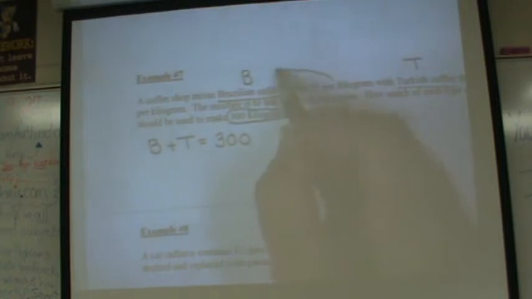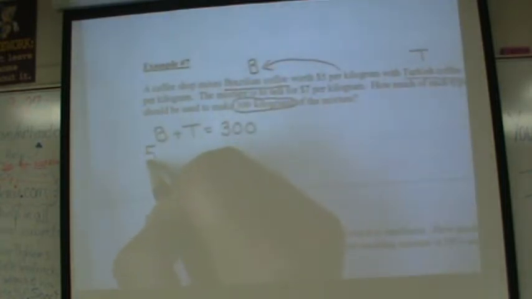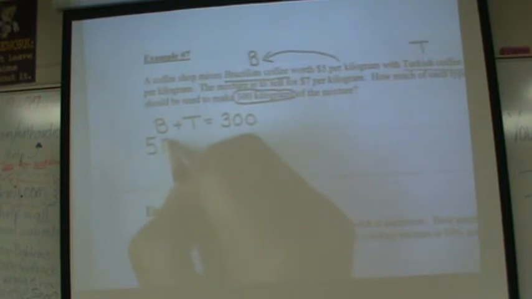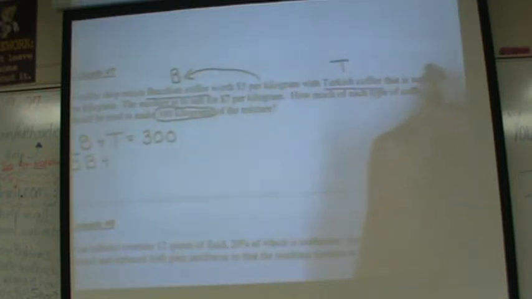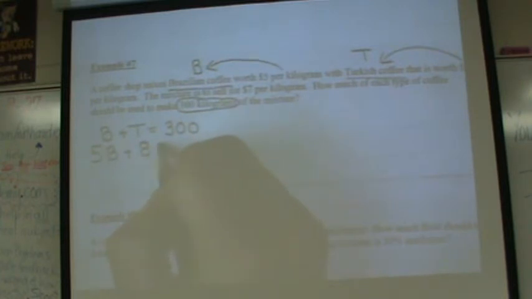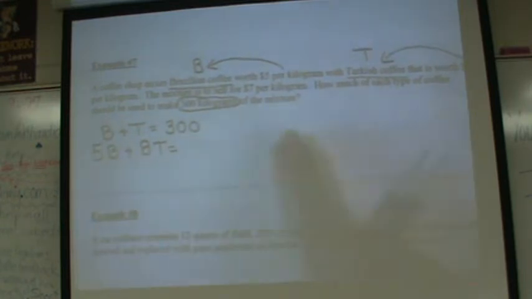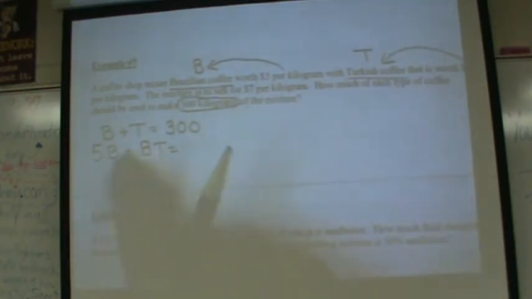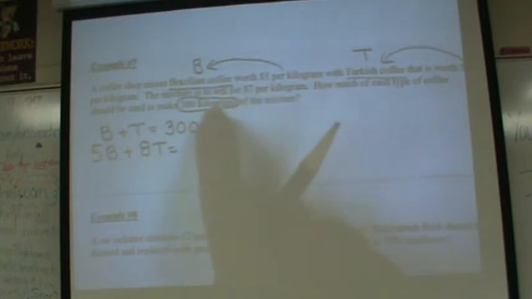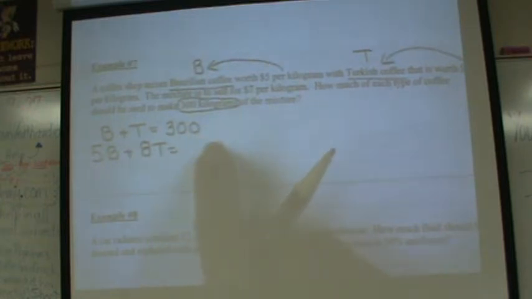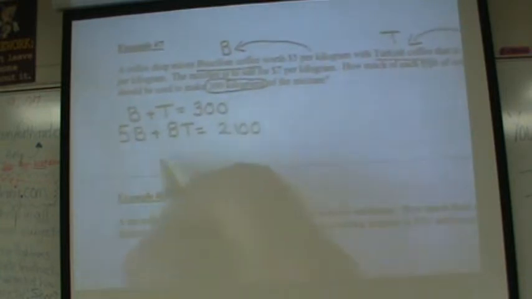The Brazilian coffee is $5 a kilogram, so 5B, and the Turkish is $8. We want to mix these 2 coffees and get a new mixture. We want to charge $7, somewhere in between. If we purchase 300 kilograms at $7 a kilogram, what's the total cost? 2,100, very good. And that's how you do those.